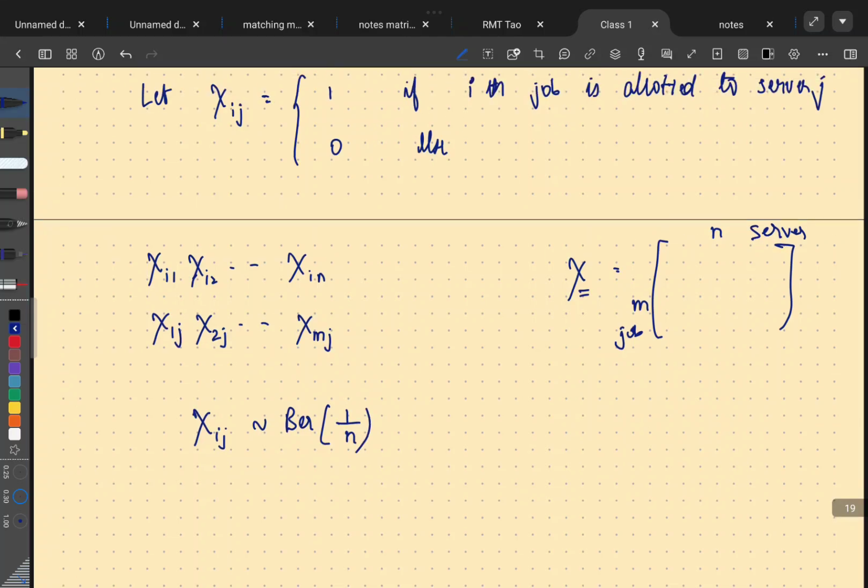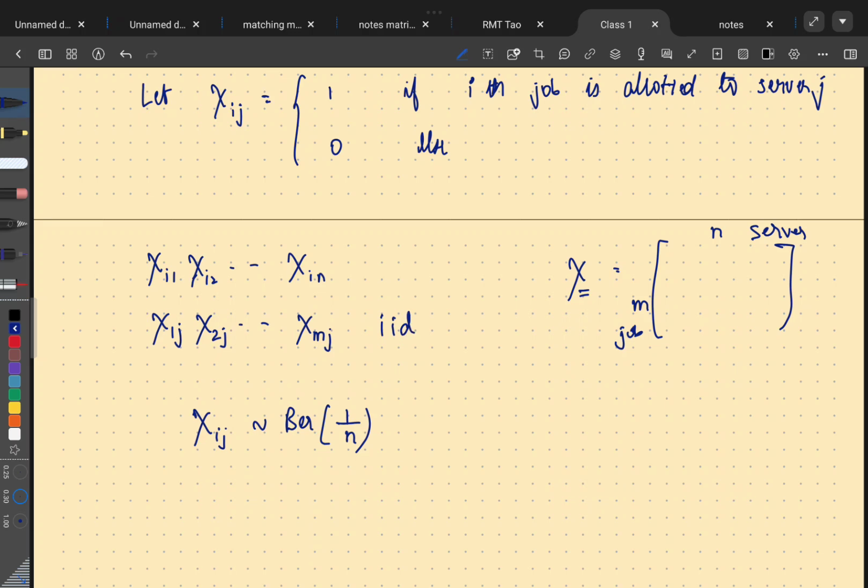What about, let's fix server j. First job and the second job, are they independent of each other? They're all independent, because each job is independently allocated to a particular server. So chi_1j, chi_2j, and so on, all of these are IID.